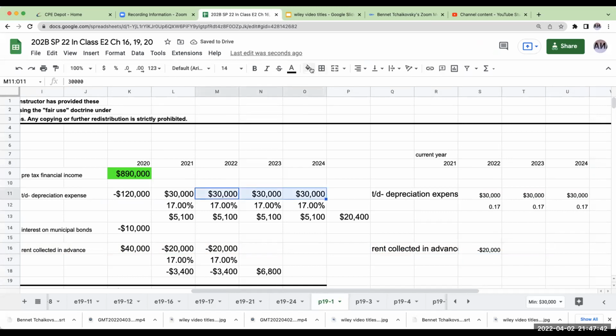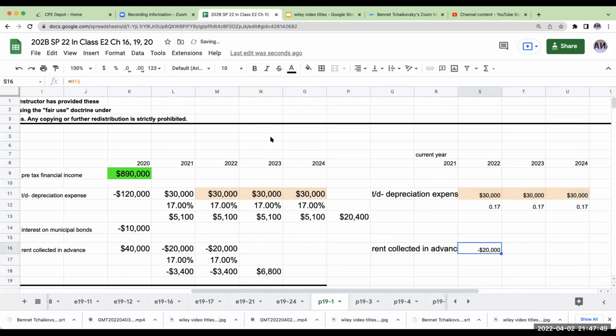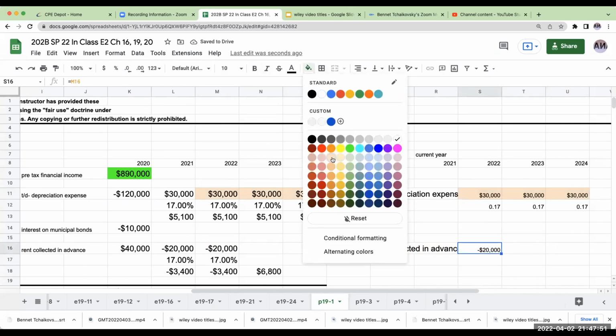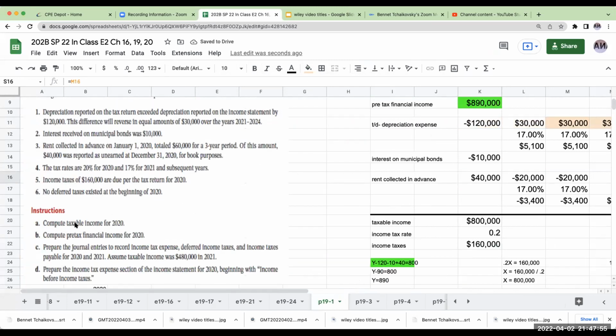All I'm doing over here is going through and pulling through these deferred amounts into the next year. What the question is asking me for is to compute income tax expense and income taxes payable for 2020 and 2021.